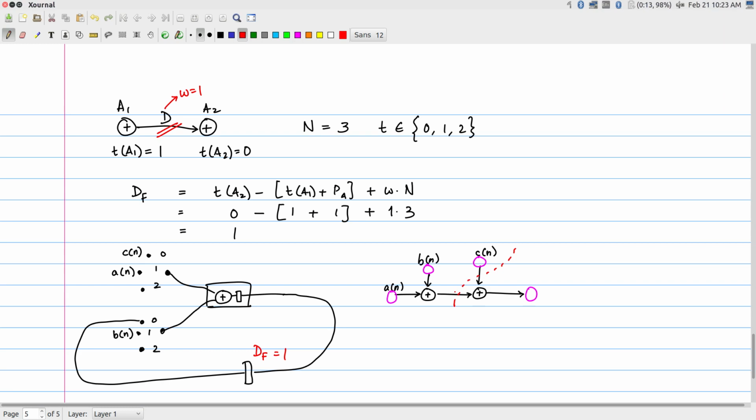If I insert a delay element over here, I also need to insert one delay here so that the C gets delayed appropriately by one clock cycle before it's being applied to the input.